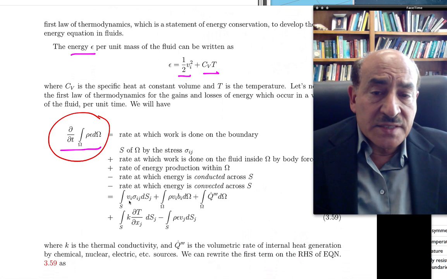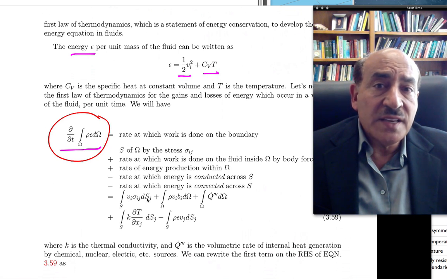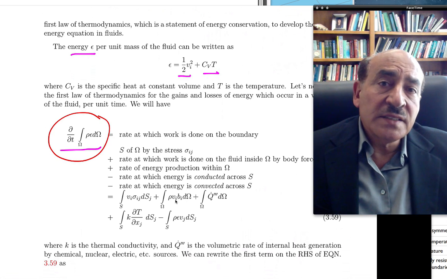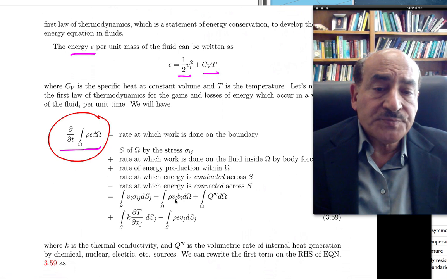So the first positive is the work done on the boundary, Vi sigma ij dSj. The second one is the work done by the body forces, so this is rho Vi bi d omega. Force times displacement rate, which is velocity, gives you the work done.